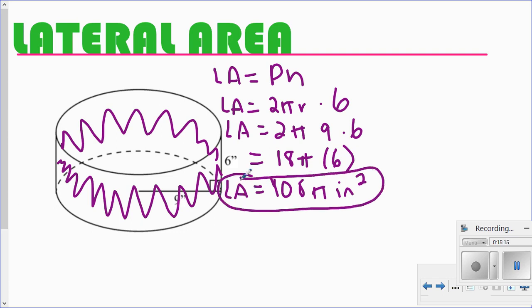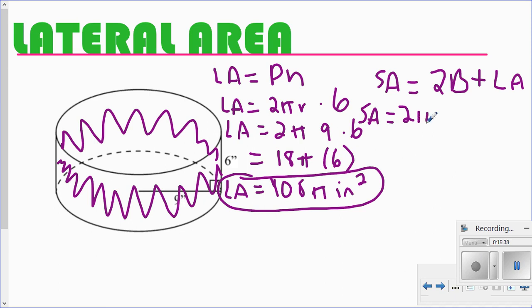Okay. Now, it also wants the surface area. So remember, when I want the surface area, I want 2 times the area of the base plus the lateral area. Okay. So I'm going to take 2 times, well, the base is a circle, and the area formula for a circle is pi times the radius squared.